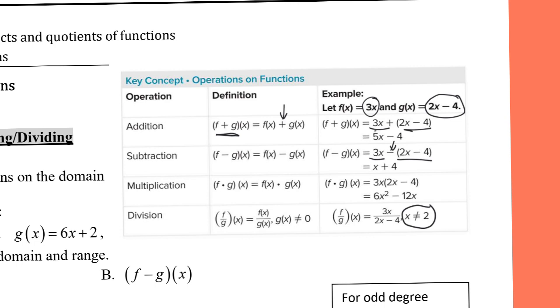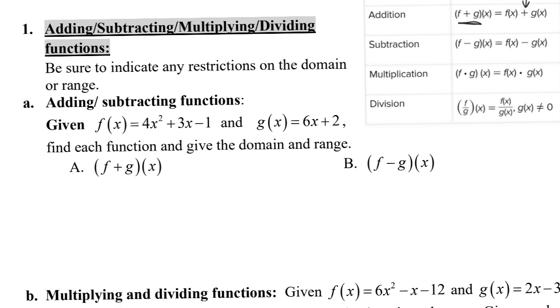Okay, so we're going to do some problems together. Given these two functions, f of x is this one here and g of x is this one right here, can you do f plus g of x? Well, that means take f of x, that function, and g of x together, and we're going to plus them.